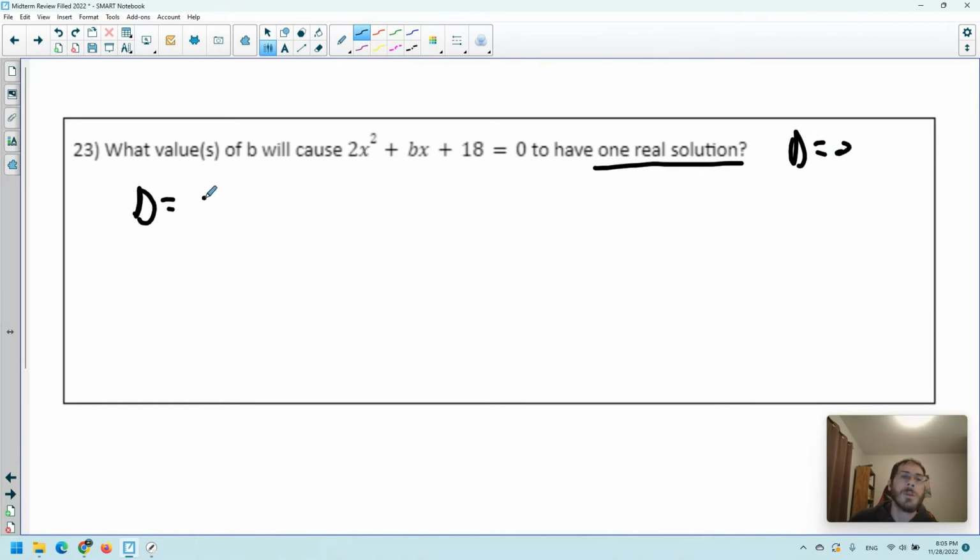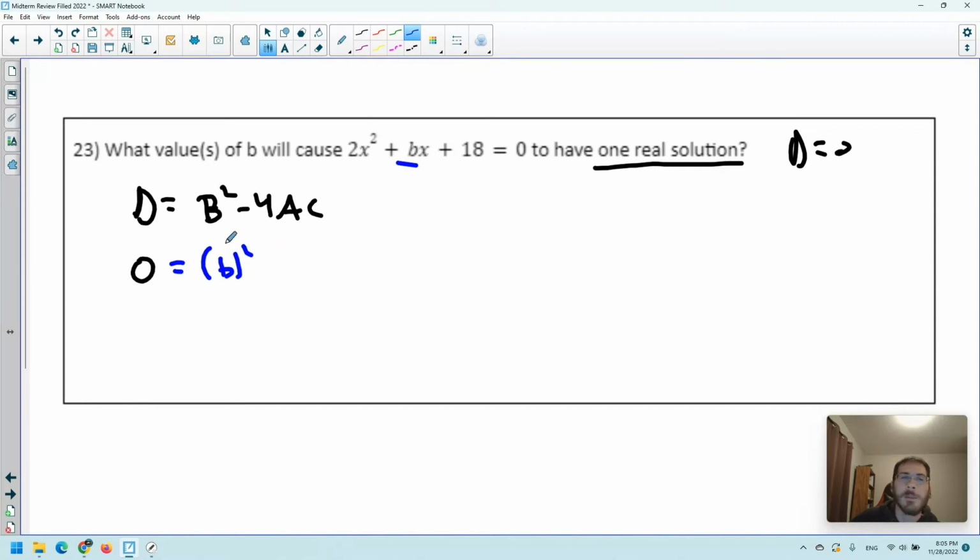D equals b squared minus 4ac. Nice thing is this is a lot like the quadratic formula. Plop in 0 for D, and then all of our values for everything else. B, oddly, is just going to stay as b. Make that a little b to show I did do a substitution.